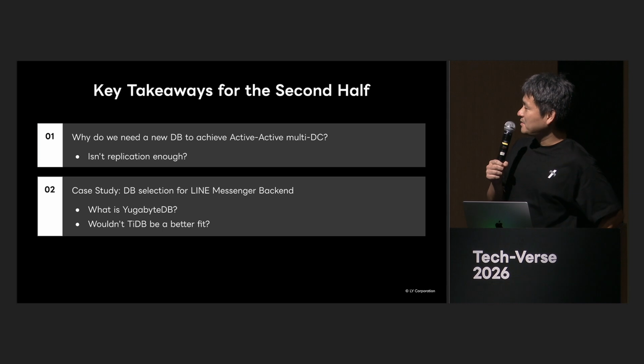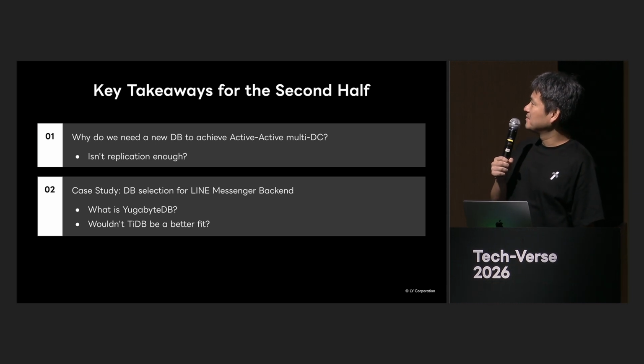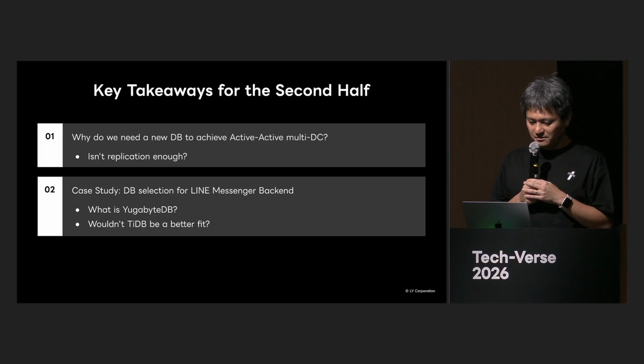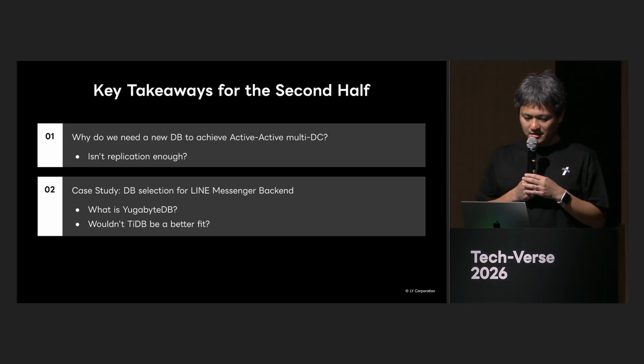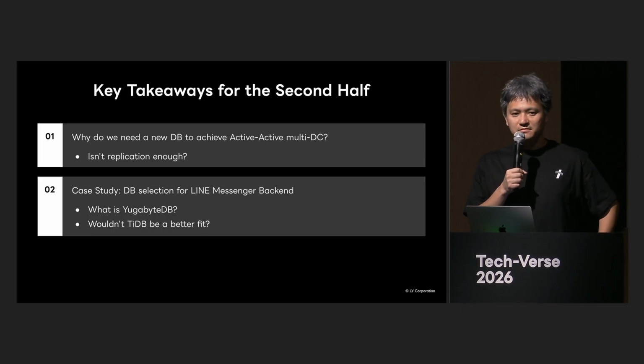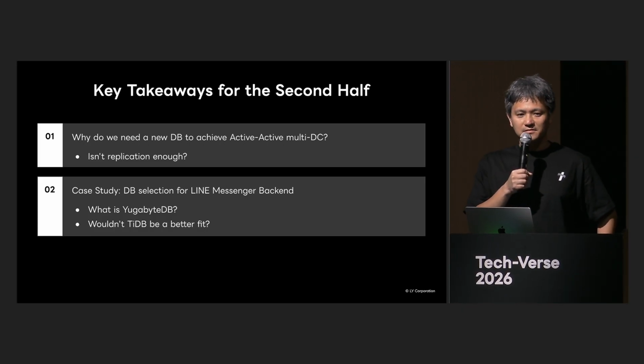So for this latter half, our goal is to be able to answer key questions like the ones written here. First, we are trying to adopt a new middleware called Yugabyte DB. But why do we need a new middleware for multi-data center active-active operations?